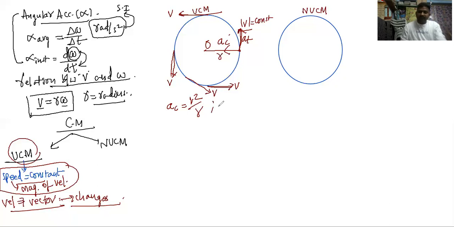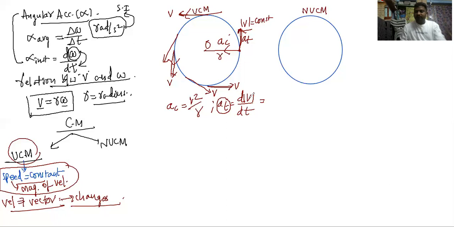So tangential acceleration, what I've told you, my dear students, is dv by dt. We need the value of acceleration; the direction is mentioned here. At this point the tangential acceleration is like this, at this point it will be like this. So the speed we need to consider here because direction is already known to us. So here d by dt of mod v bar.